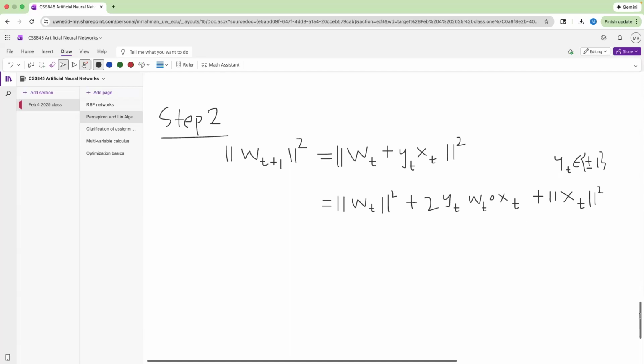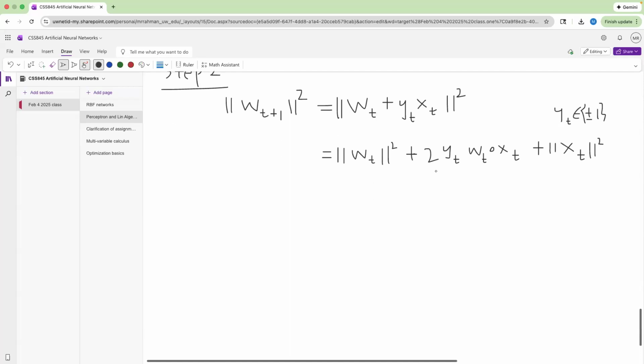So now what do we know about this term here? Can we say anything about it? Is it positive or negative? When do we actually apply this rule? Is it negative? Negative, exactly. So we only apply this rule when this term is negative.